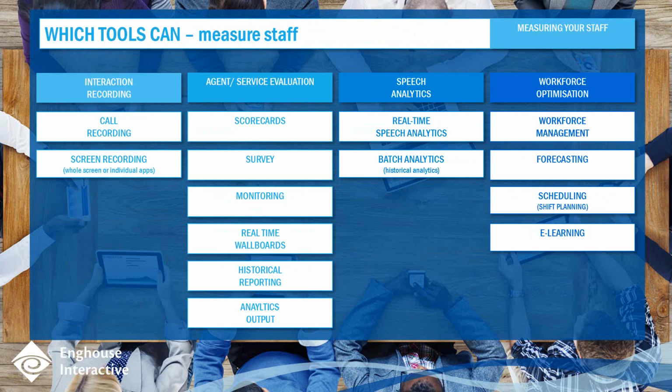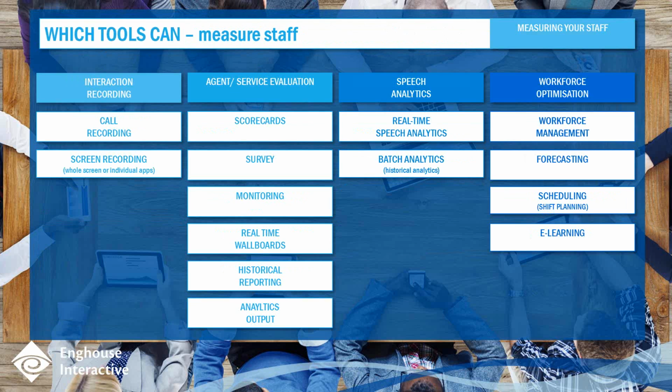Then when we look at the people side of it, measuring your staff, interaction recording is really, really useful, and we see this used more and more. Call recording and screen recording is great to give a sense of how that agent is doing. Sometimes you can listen to a call and think that the agent gave the customer the wrong information, and it's only when you look at the screen recording in parallel that you can see that the system they were accessing provided the agent with the wrong piece of information.